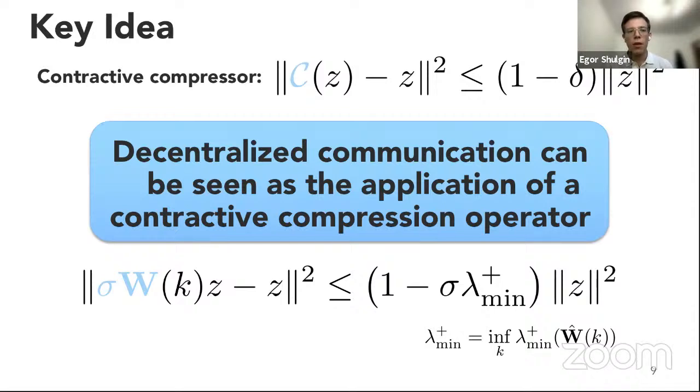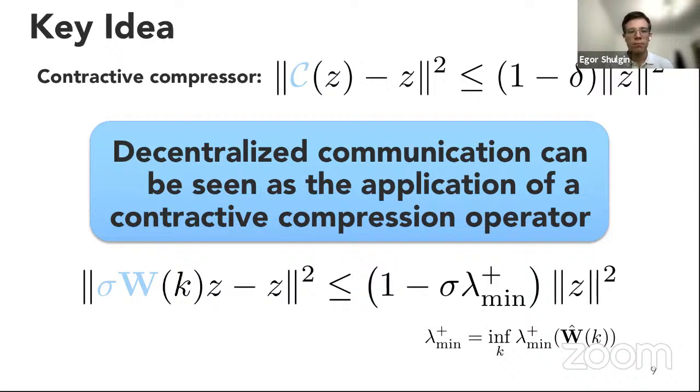And if you just stare for a couple of seconds at this formula, you notice there's this decentralized communication. Indeed, if we denote by sigma times W the operator, this contractive compressor, then this inequality is basically the same as the definition of a contractive compressor.